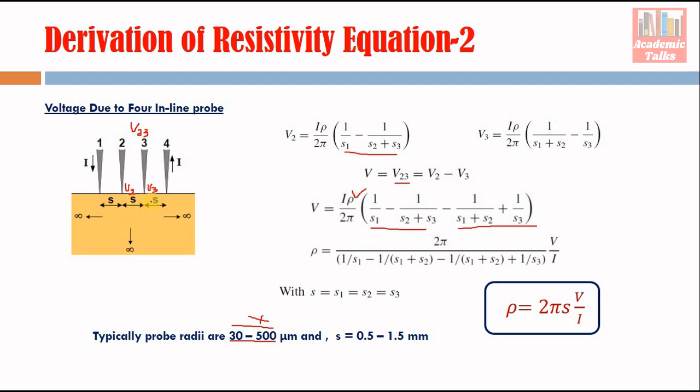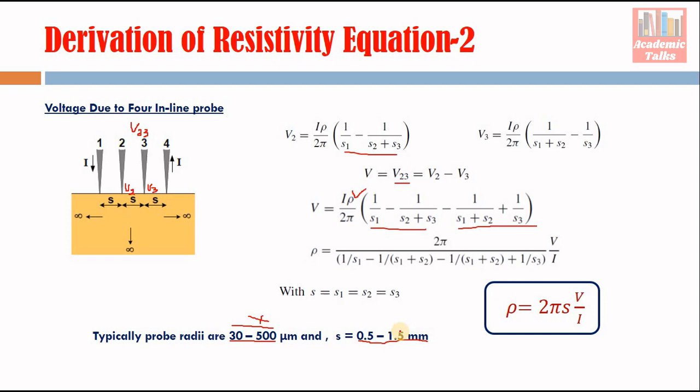And this S1, S2, S3, which is typically the same in most of the 4 probe setups, this S varies from 0.5 to 1.5 millimeter, right? So it can be anything between these two values, but in most of the systems which are available in the market for measuring the resistivity using 4 probe, the S lies somewhere between these two.